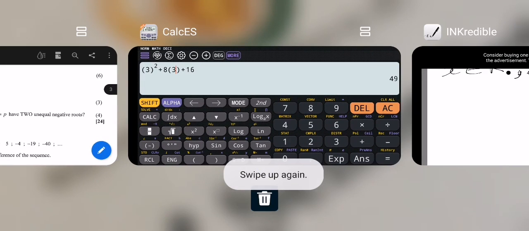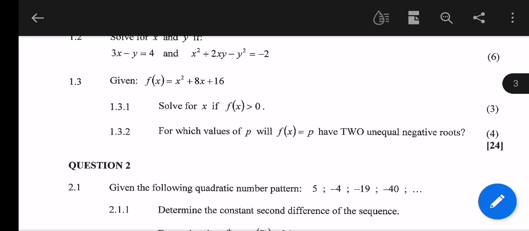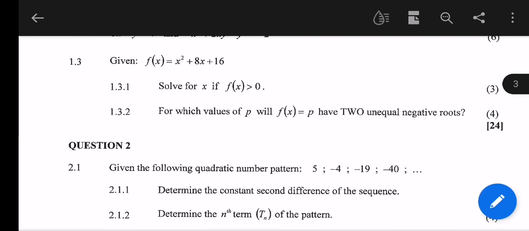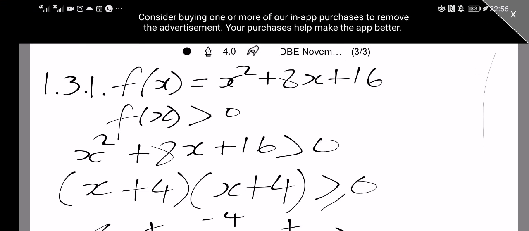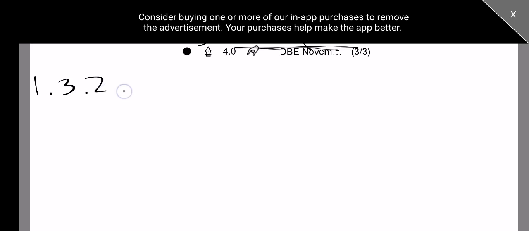Okay, let's now move on to the next question. It says, for which values of p will f of x equals p have 2 equal negative roots? Now, nature of roots, guys. This is (1.3.2).